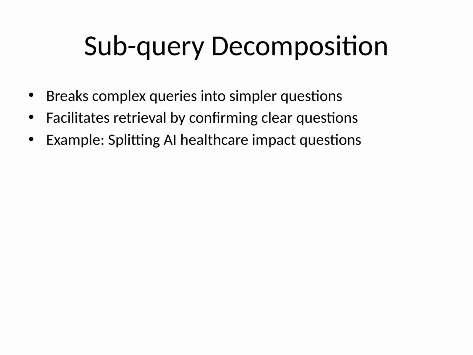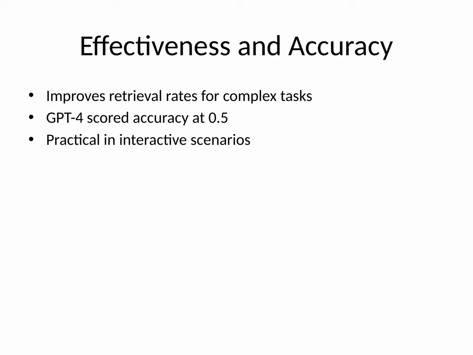This approach confirms multiple clear questions, making it easier to handle vague or complex user intents. For example, a question about AI's impact on healthcare can be split into questions about AI's role in diagnosis or its effect on doctors' workflows.